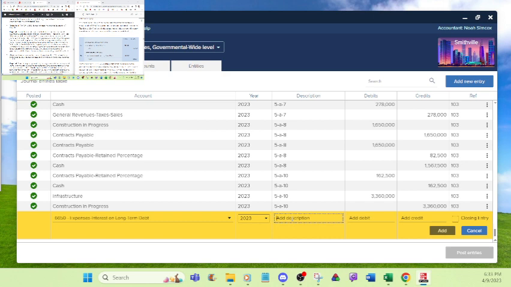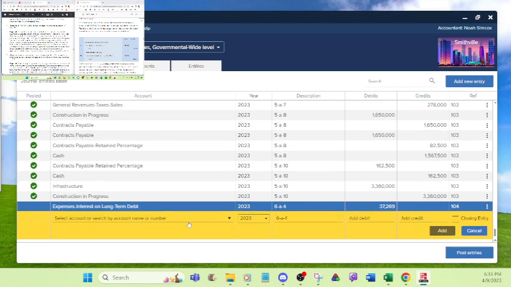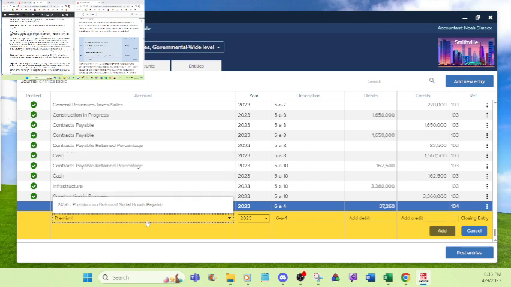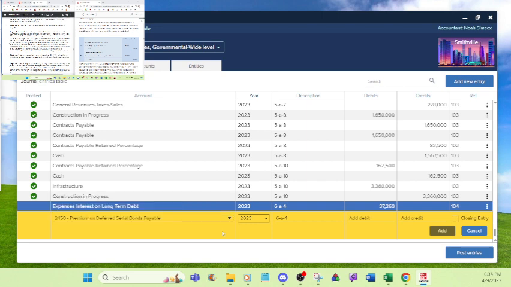Six, 684. $37,269. Amortization of a premium is going to be premium on deferral serial bonds payable, $231.